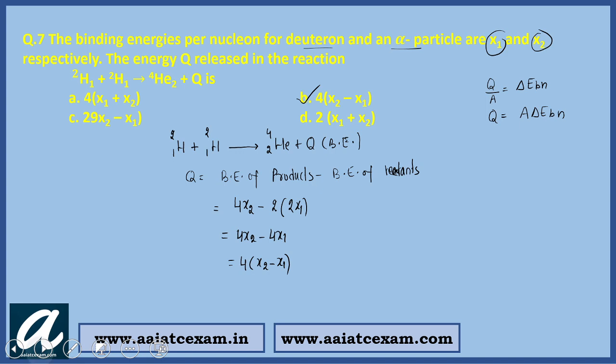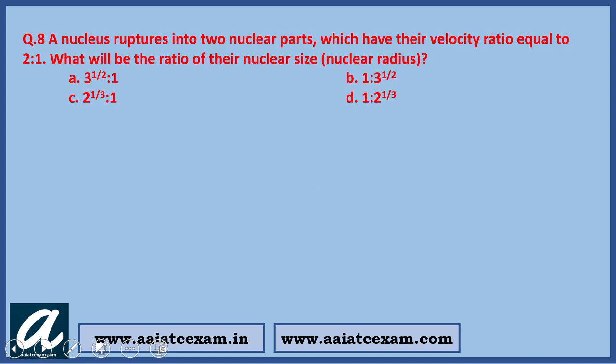Now students, let us solve question number 8. A nucleus ruptures into 2 nuclear parts. Students, there is a nucleus carrying a positive charge. It ruptures, breaks down into 2 fragments. This is fragment 1 and this is fragment 2.